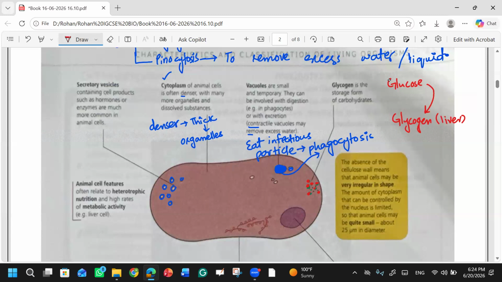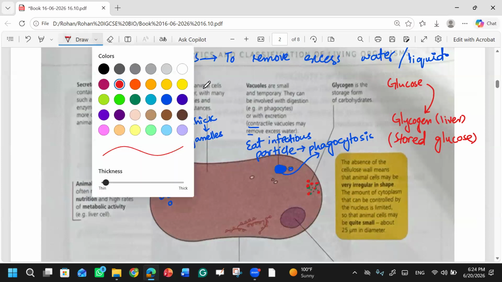When you take carbohydrates, the carbohydrate converts into glucose, you utilize that glucose, and the extra glucose converts into glycogen. So we say that glycogen is the stored form of glucose. Clear?